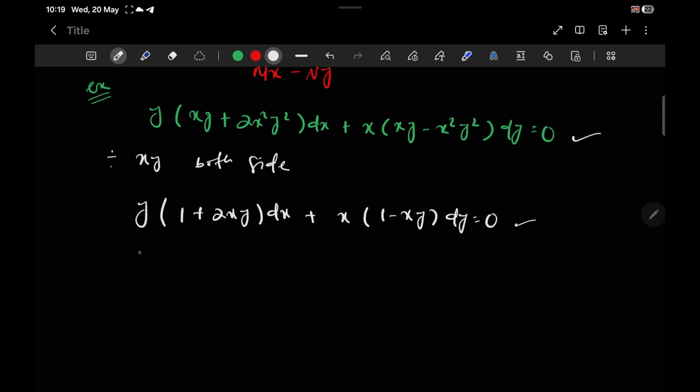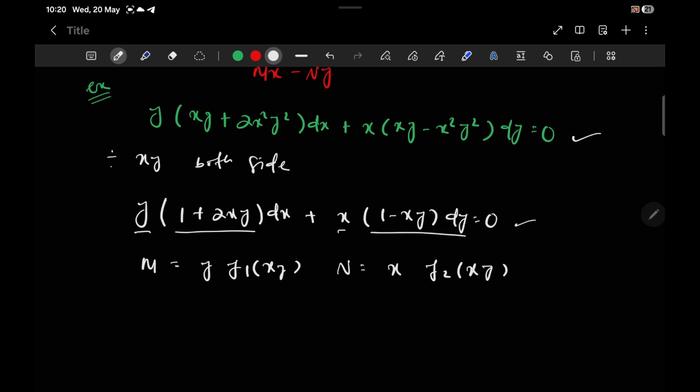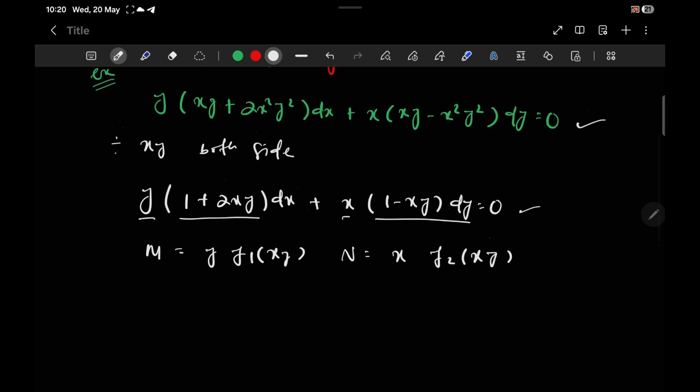So now we get that M here is y into f1(xy), this is y and this is f1(xy), and N is x into f2(xy). So we got our general form.